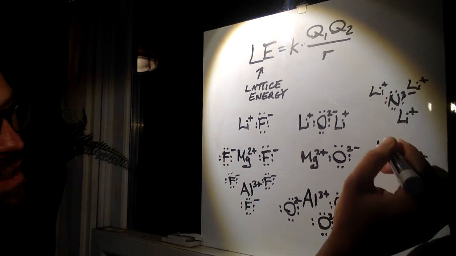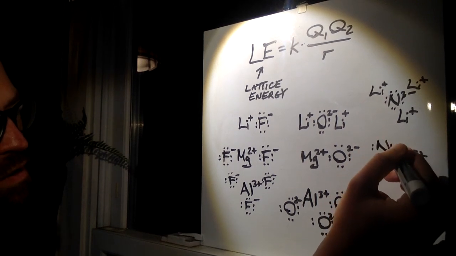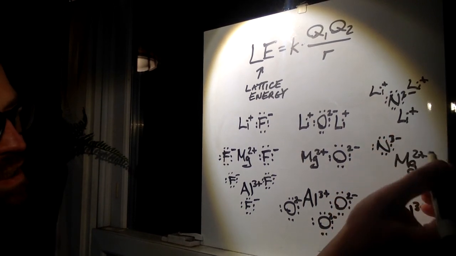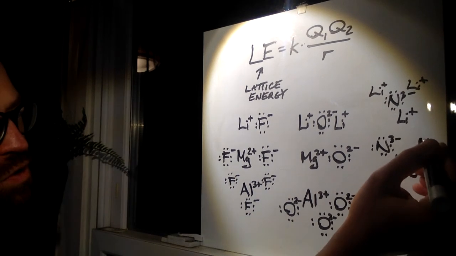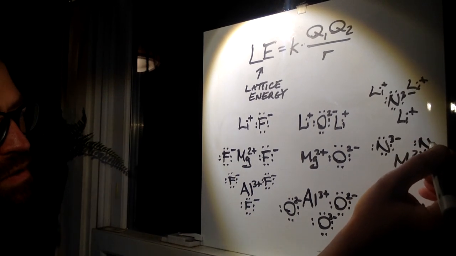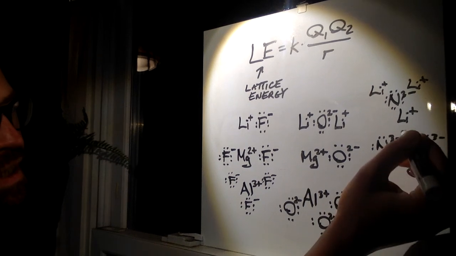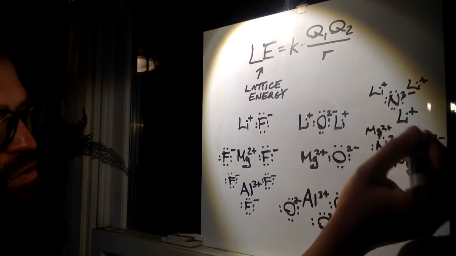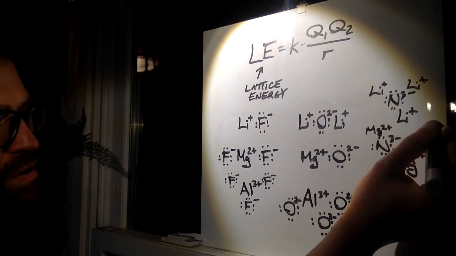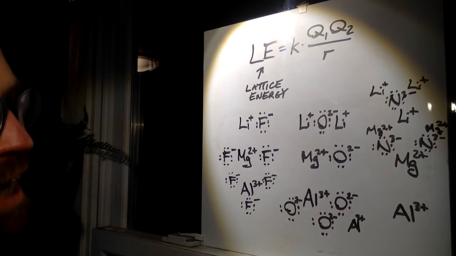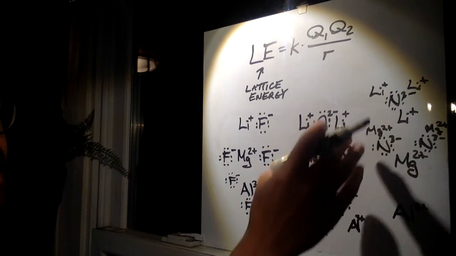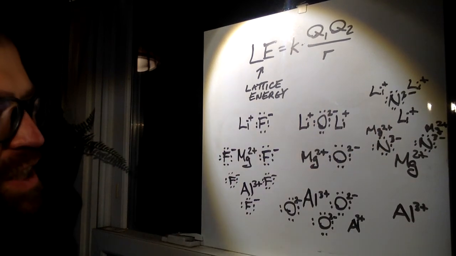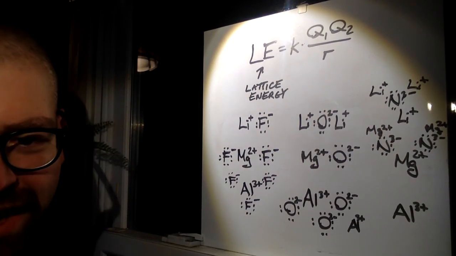Here, we could draw nitride. Let's draw 2 of them. And we're going to have to fit magnesium 2 plus over here. And so again, this would have 6 times the amount of attraction compared to lithium fluoride.